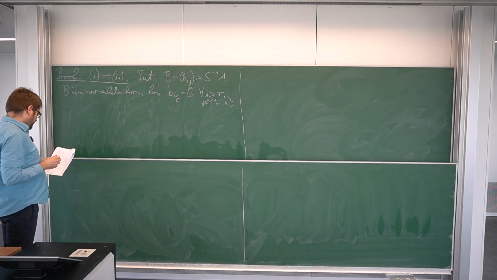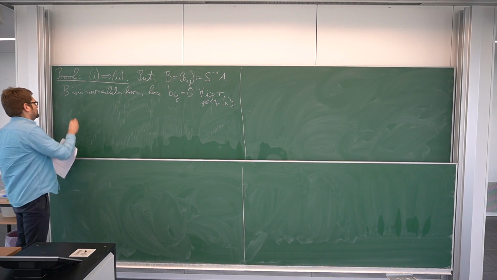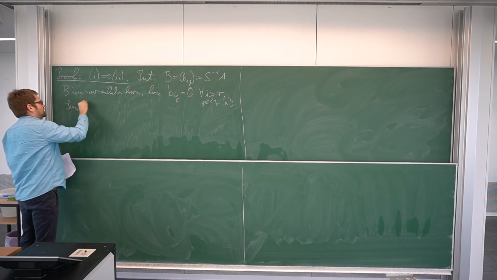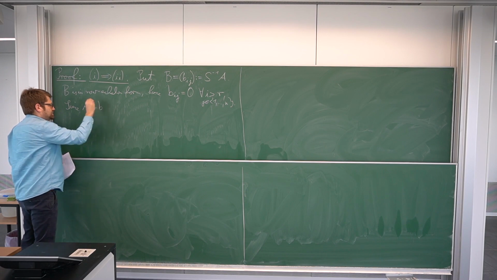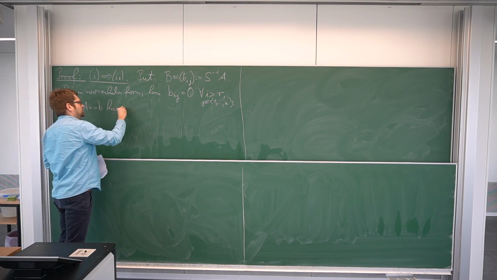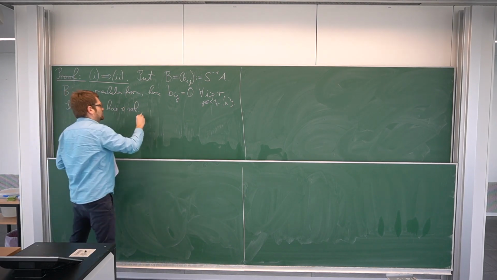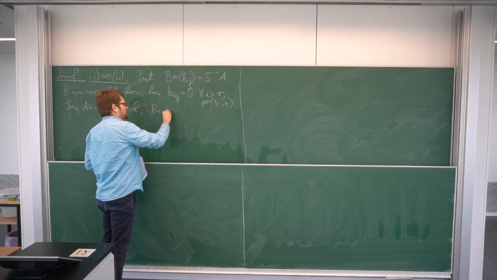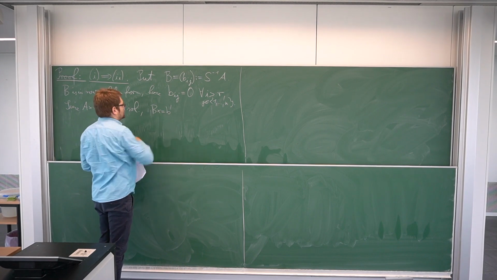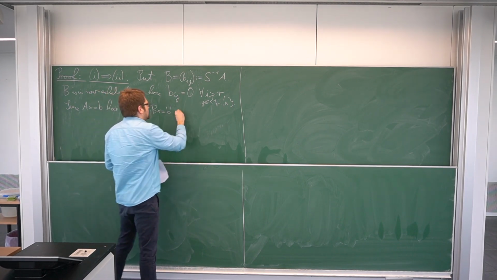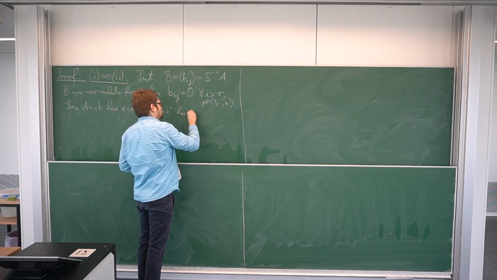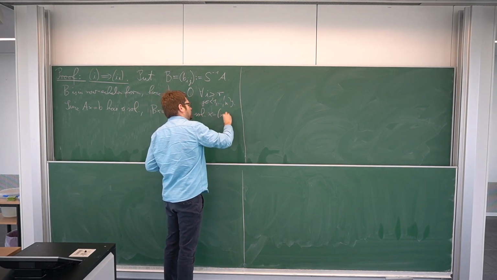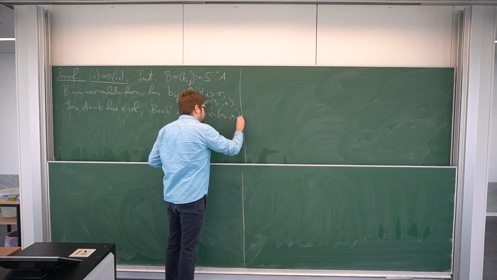Now, we have assumed that we have a solution of Ax equal to b. Then Bx equal to b prime, which is just this equation transformed by S to the minus 1, has a solution as well. This solution we just call x1 to xn.